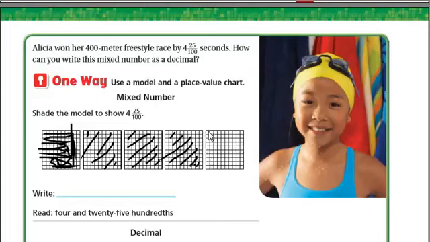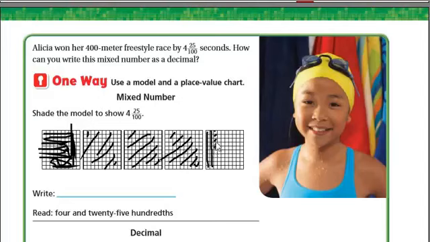This is 10, 20. I don't need 30, it's 25 only. So this is 2 tens, which is 20, then 21, 22, 23, 24, 25.